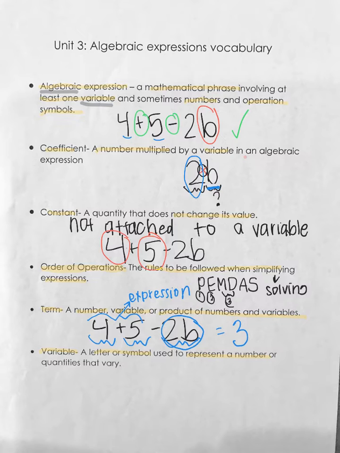Then multiplication and division is a joint step that we do going left to right, followed by adding and subtracting, which we do going left to right. So you could subtract before you add, and you could divide before you multiply, depending on how your expression or equation is written. It's very important that we know what these vocabulary words are, so when we're working with algebraic expressions and explaining and working through it, you know what I'm talking about.